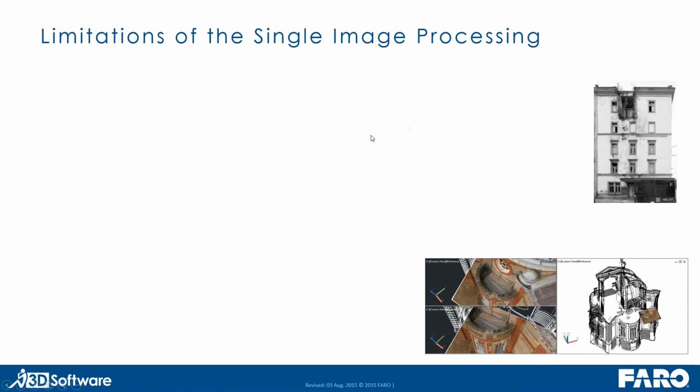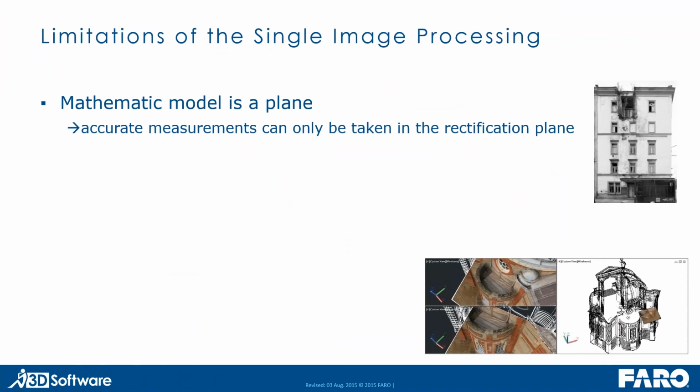All we had a look at so far is single image processing, and of course there are some limitations to that. So the mathematic model of the image rectification I have just demonstrated is a plane.